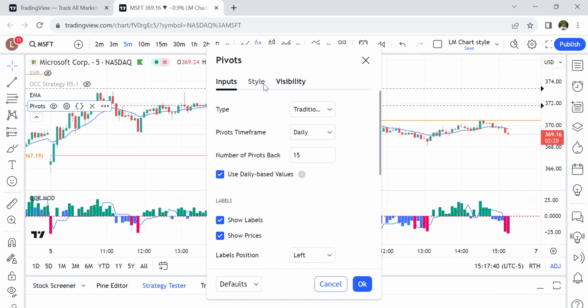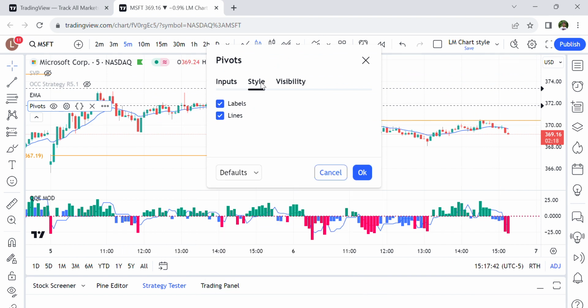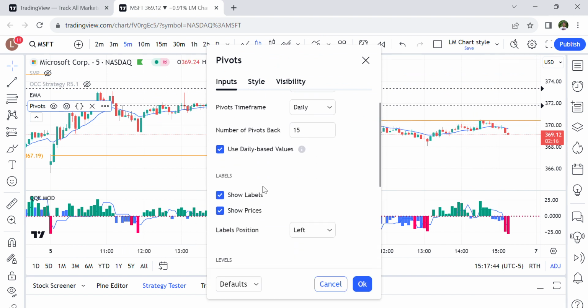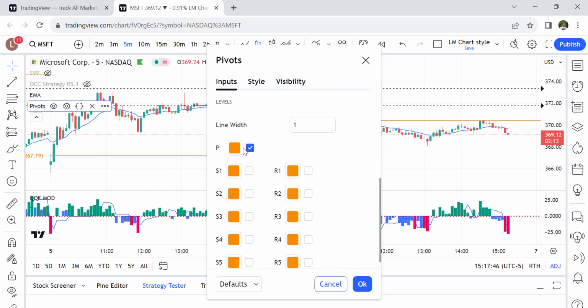Let's go to styles and inputs. In inputs, I just need this P point, that is the pivot point. It is calculated based on the previous day's high, low, and the portion where the stock has spent most of its time on the previous day.